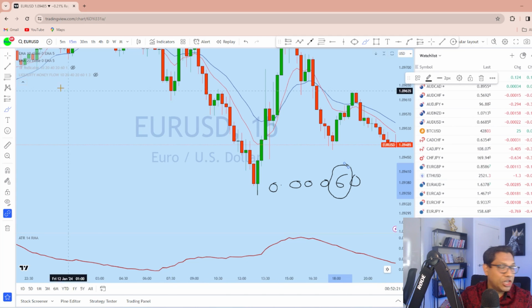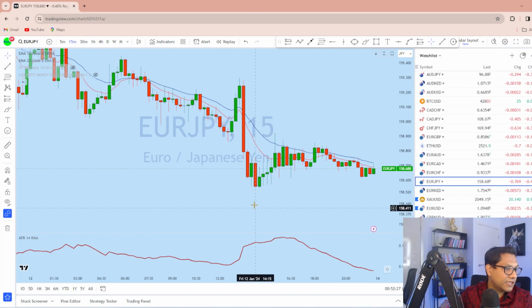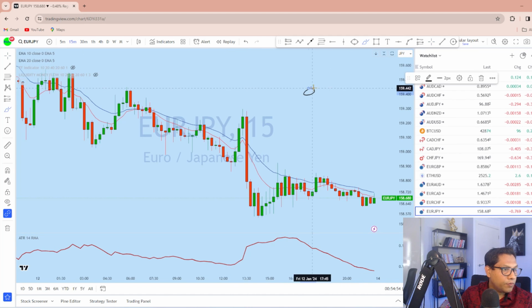Now, if you look at a JPY pair, let's look at EUR/JPY. In exactly the same way, if I look at this candle's ATR, what I see here is 0.152.